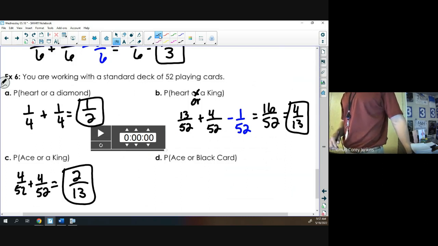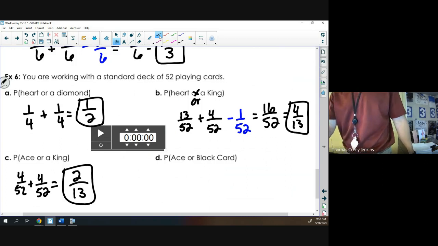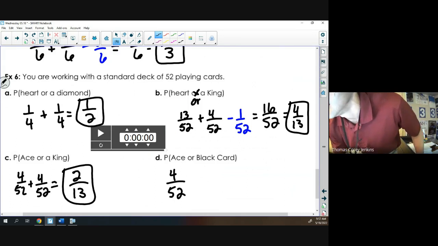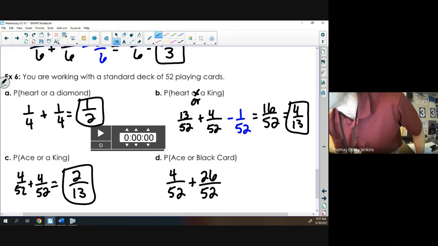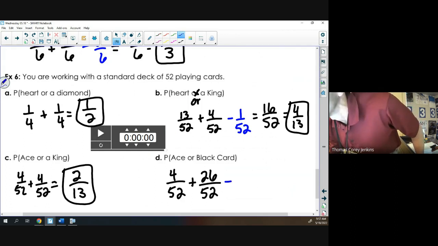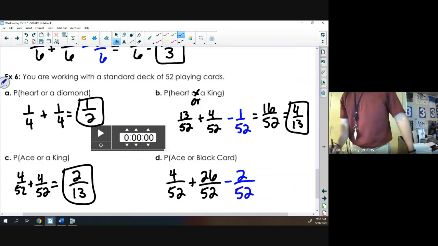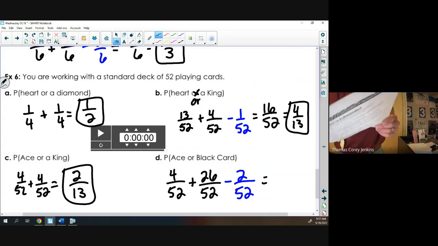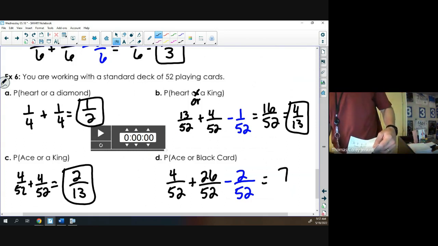Yes, there are two black cards that are also aces. So we'd have 4 out of 52 are aces. Half of the deck, or 26 out of 52, are black. And then 2 are black and ace. So take those repeats out so we don't count them twice. So not 30 out of 52, but 28 out of 52, which is going to reduce to 7 out of 13.